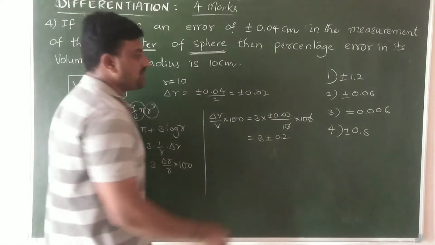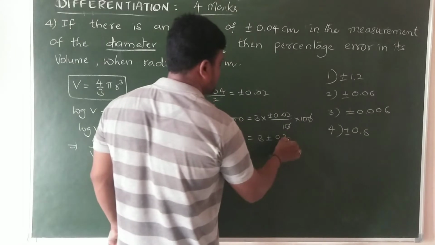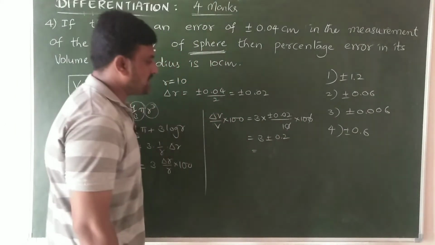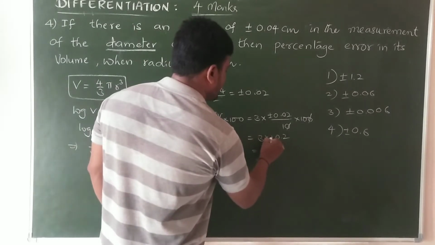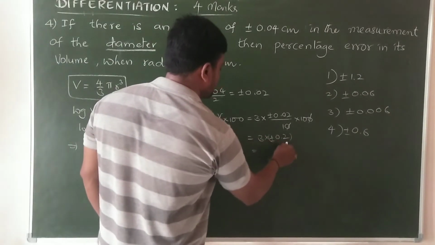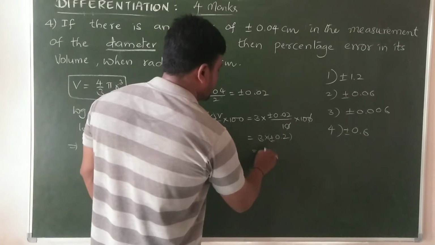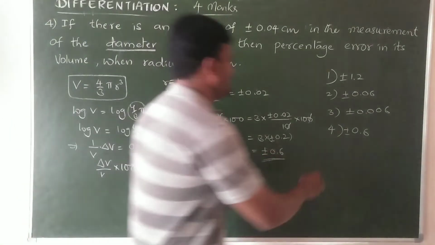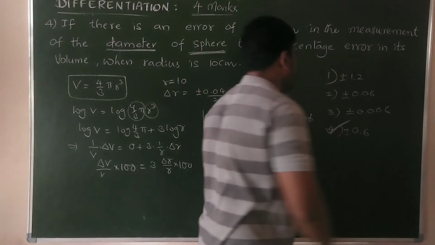Yes or no? After multiplying by 10, it becomes 0.2. So 3 into plus or minus 0.2 should be plus or minus 0.6. Now the fourth one is the right option.